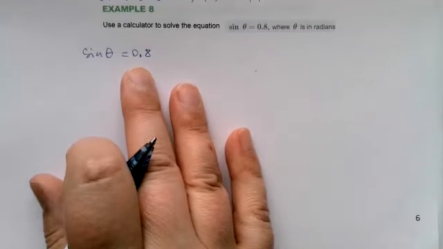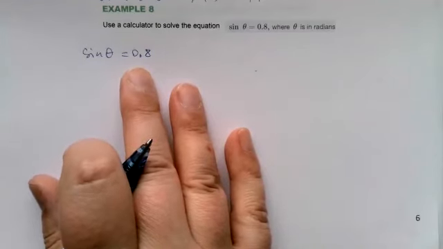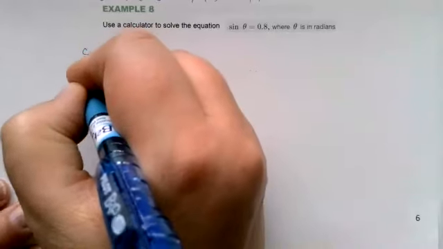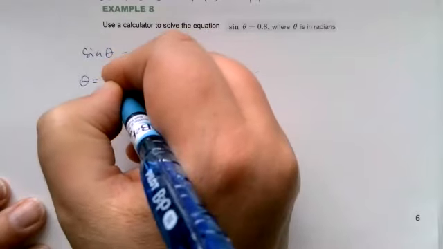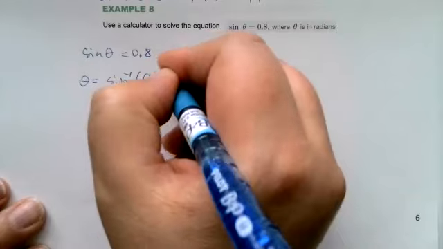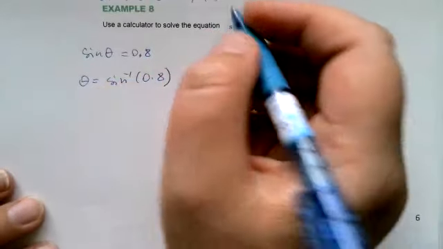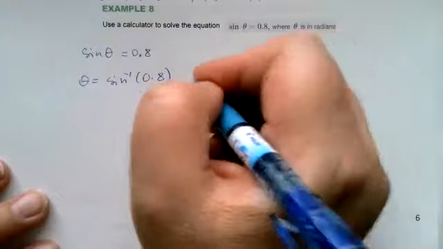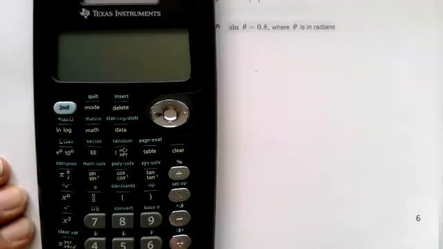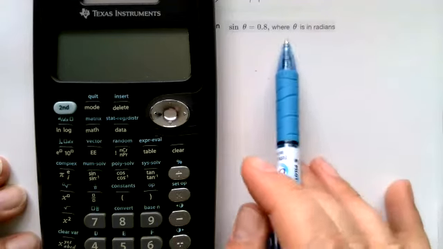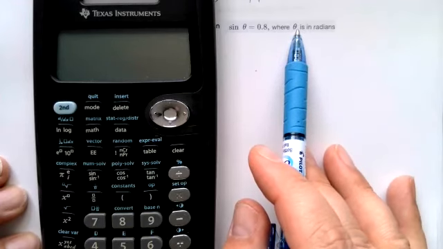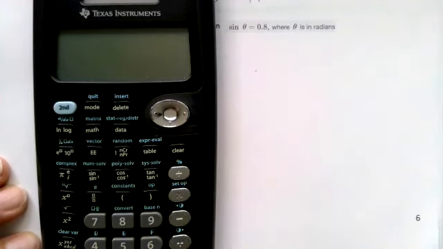So we know that in this case, we would have to use our inverse function. So we're gonna say theta is inverse sine of whatever the sine value is, 0.8. So we'll put it into our calculator. First of all, don't forget to check whether your angle is in radians or degrees.